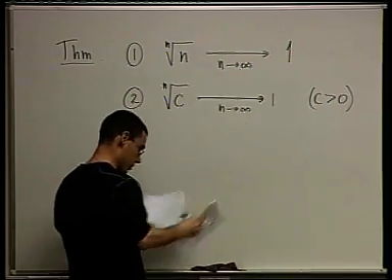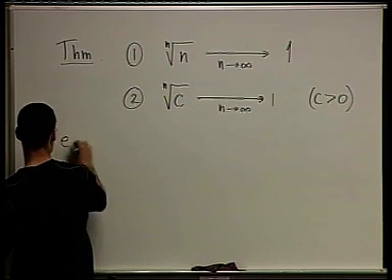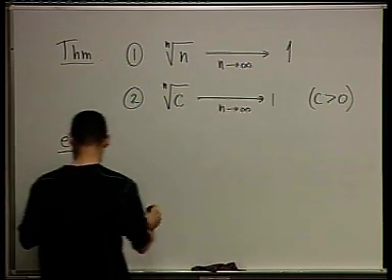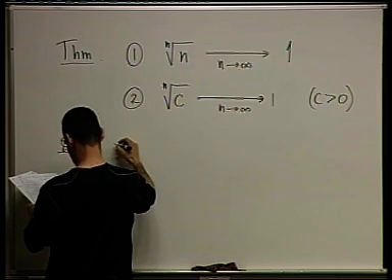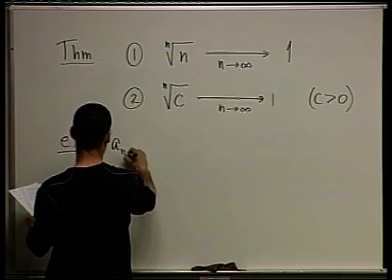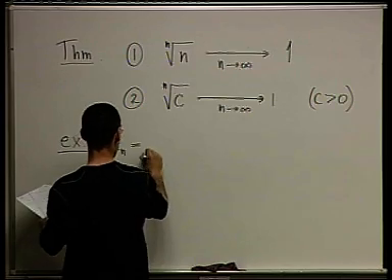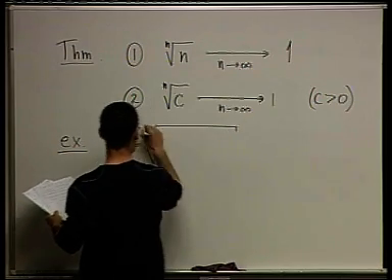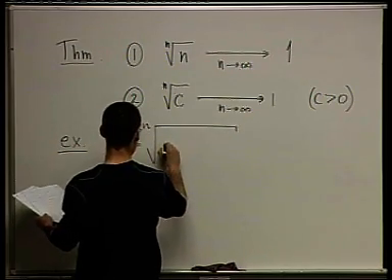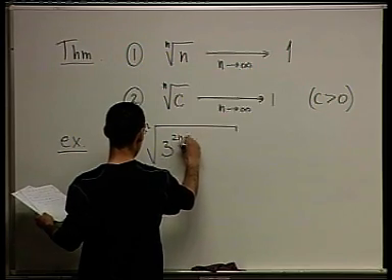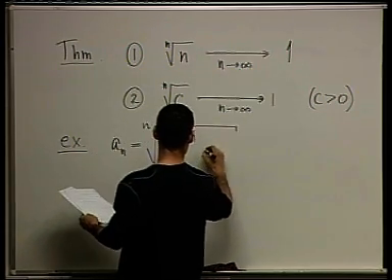So maybe an example. Suppose I ask you what is the limit of the sequence a_n, which is the nth root of 3 to the power 2n plus 1, times n.